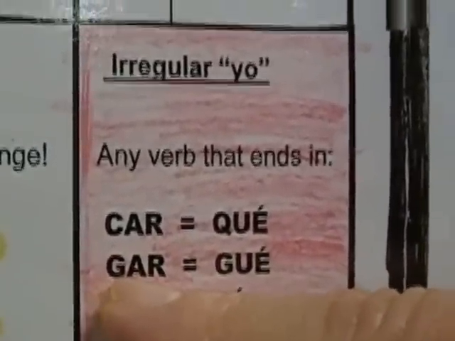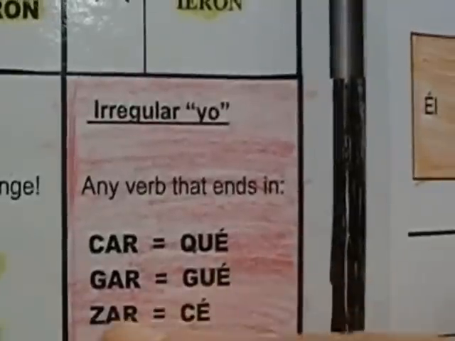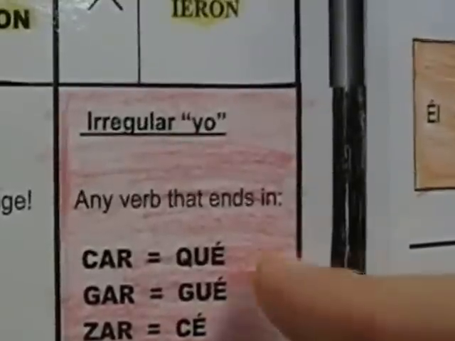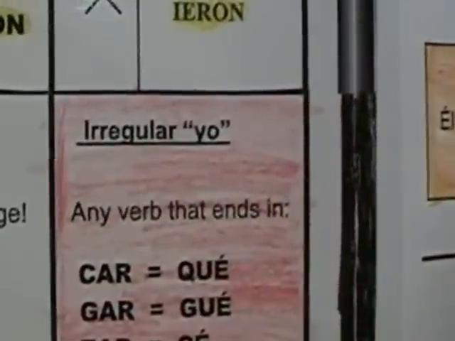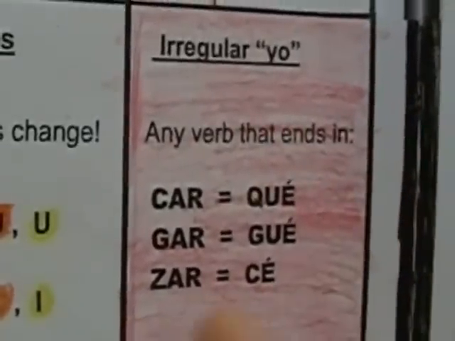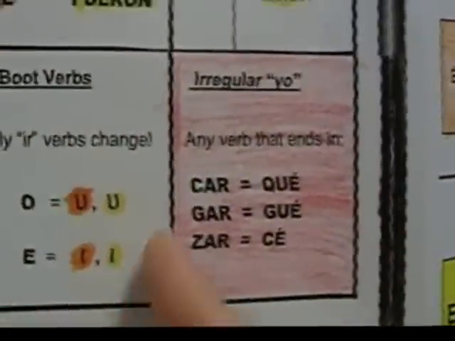Llegar would be llegué, and comenzar would be comencé. But then it goes back to normal after the yo, and it's just a regular conjugation in the past tense. We do have boot verbs, but I'm going to talk to you about those on a different day. So you can kind of ignore this box until we go into it in more detail.